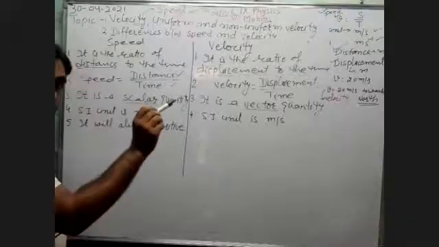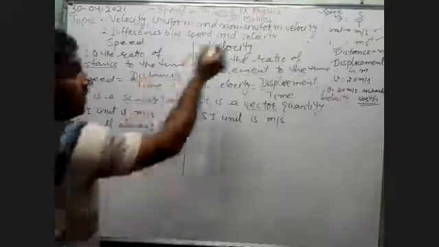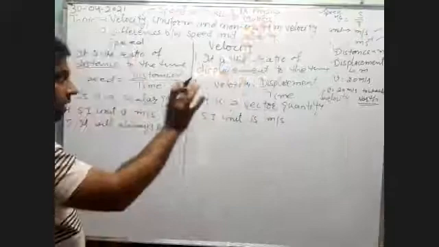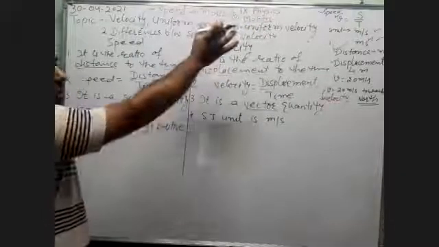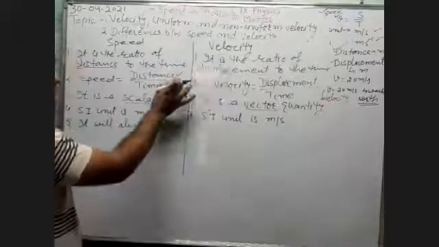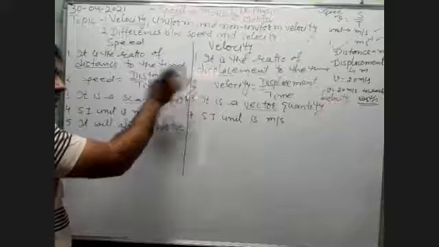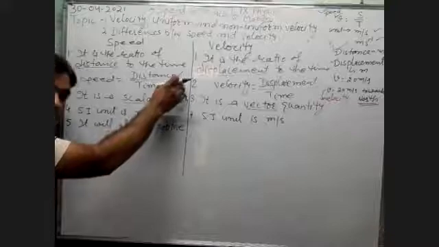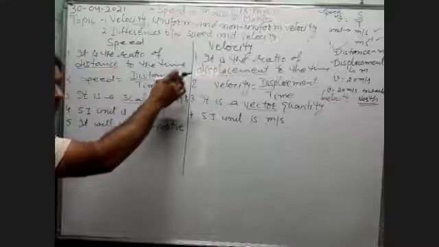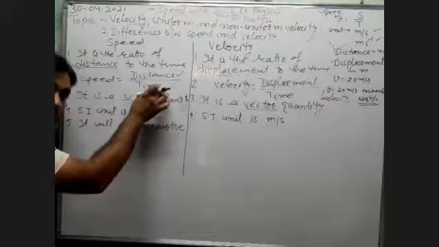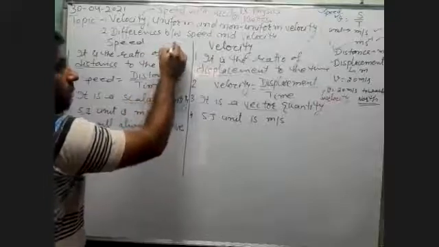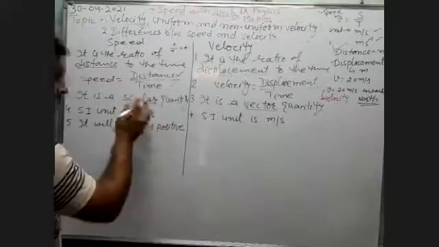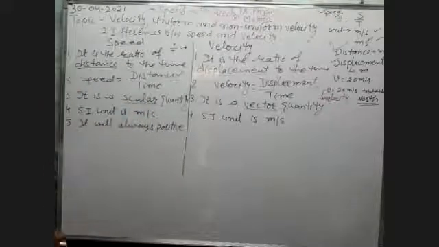Distance cannot be zero because we are considering motion, and if there is motion, there will certainly be some distance. If the object is at rest, there will be no distance. So distance is positive, time is positive, and any positive number divided by a positive number will be positive. So speed is always positive.